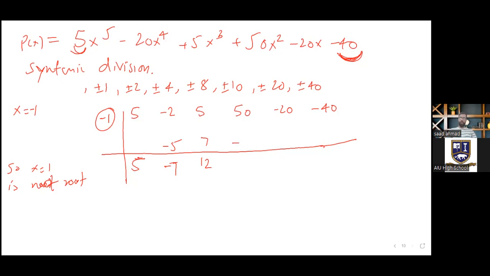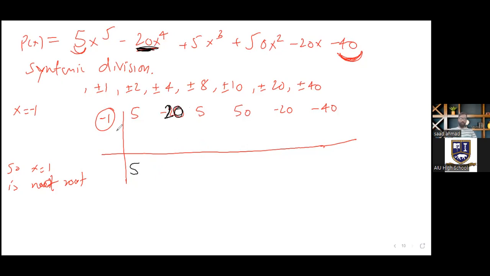Sorry, there's a small mistake. This was 20. I wrote 2. Let's recorrect it with the same root. This number was 20, so it should be 20 here. Okay, let's try again.